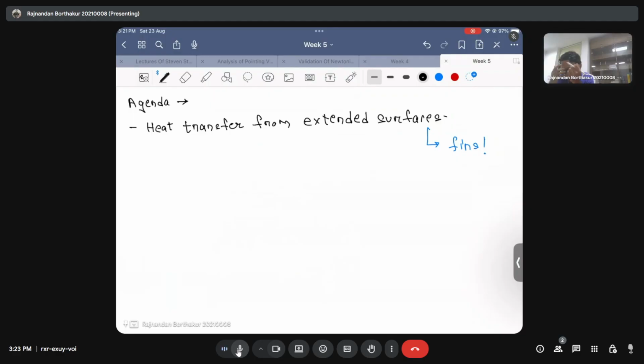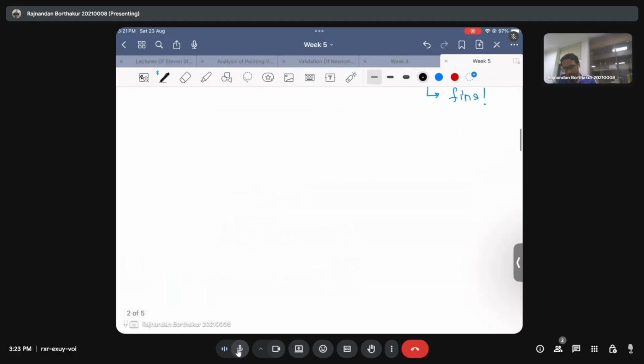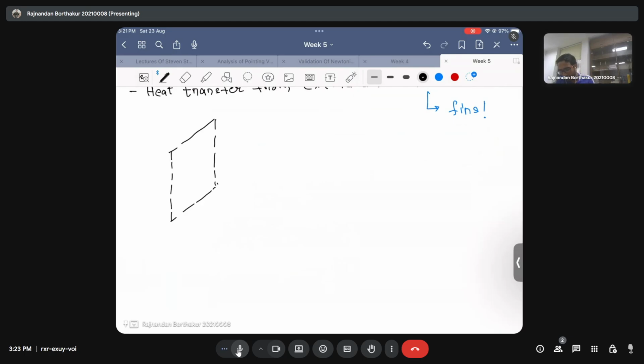As the name suggests, extended surfaces means, let's say there is a face of a slab, which is of this form. This is a slab, and this is the face of the slab.